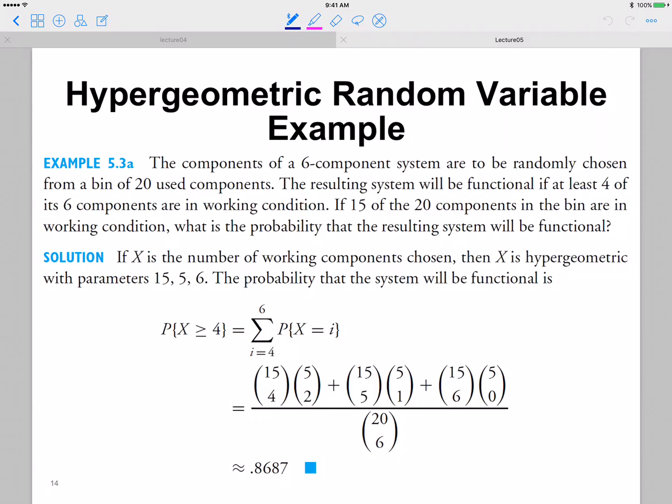Okay, and in this case, we have 20 components in our jar, and then we have to pick up 6 components, and the total number of possible cases will be the different combinations of 6 components out of 20. So in the denominator we have this, and then here we consider x being greater than or equal to 4.